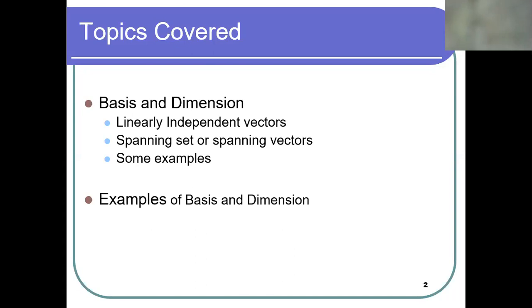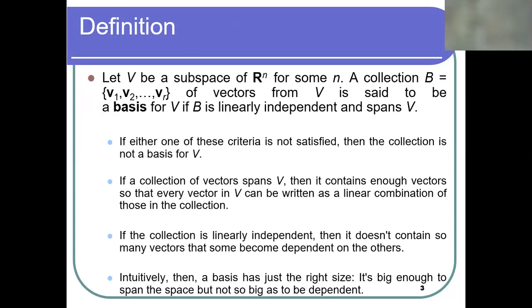So, dear student, let us recall the concept and start with the definition of basis. Let V be a subspace of Rn. It means it is a subset of Rn. By the way, V must be a subspace of Rn for some n.